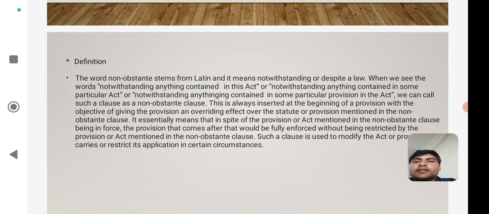This is always inserted at the beginning of that provision with the objective of giving the provision overriding effect over the statute or provision mentioned in the non-obstante clause.